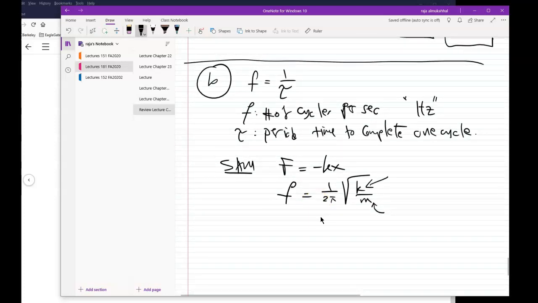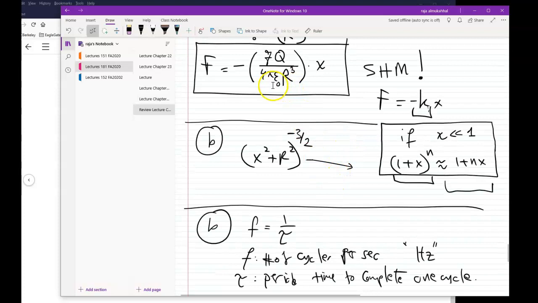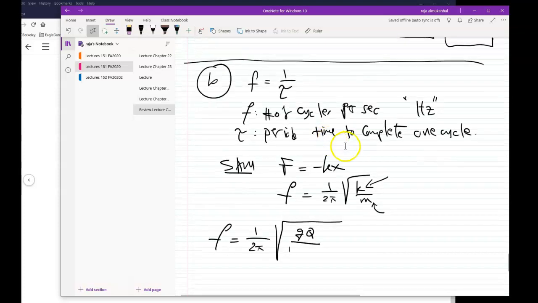It's really simple. So that's going to be 1 over 2 pi, big square root of k. What is k now? I hope you've written it already. That's going to be QQ over, I'll show it to you again, 4 pi epsilon naught r cubed.